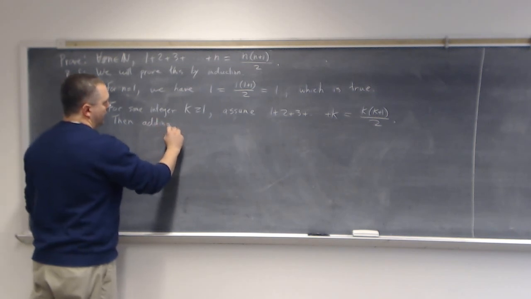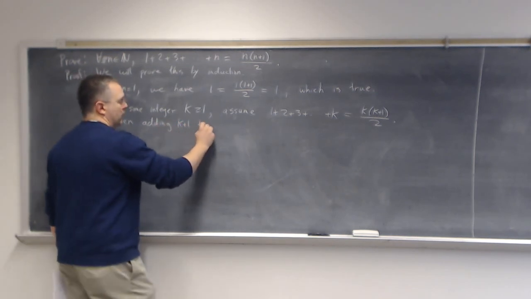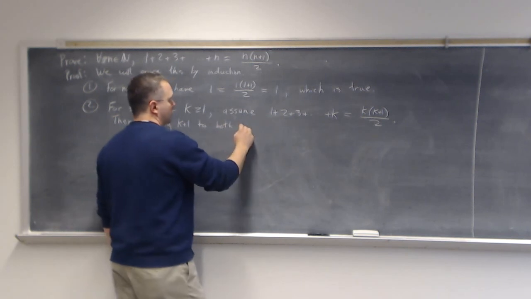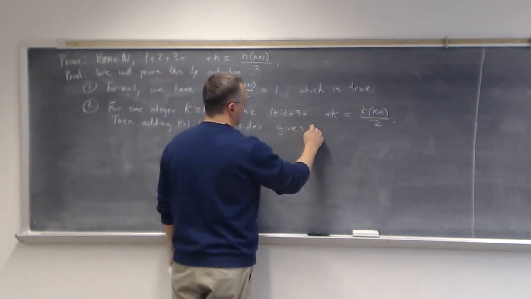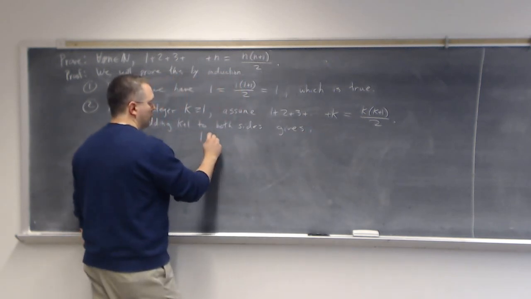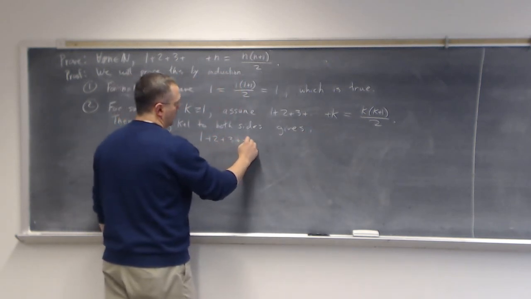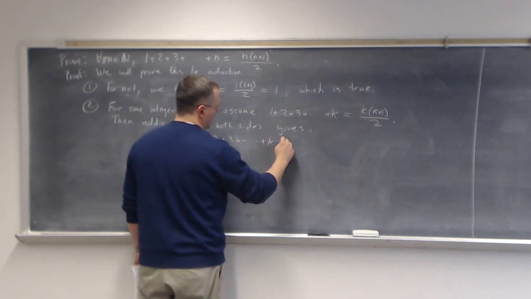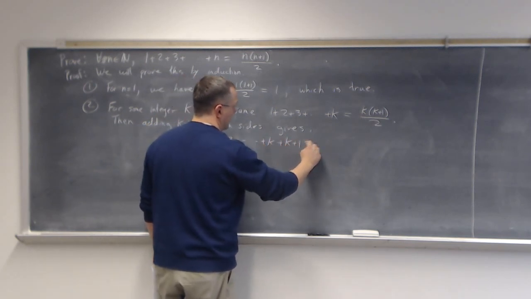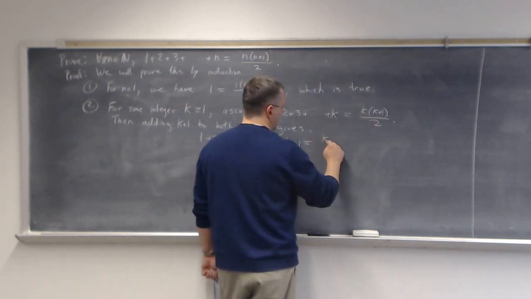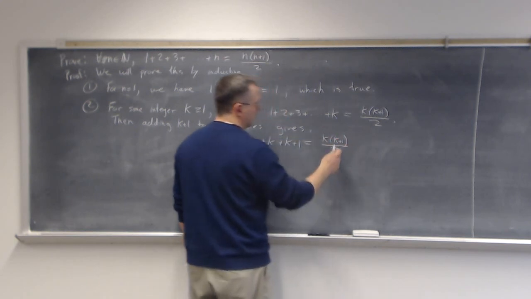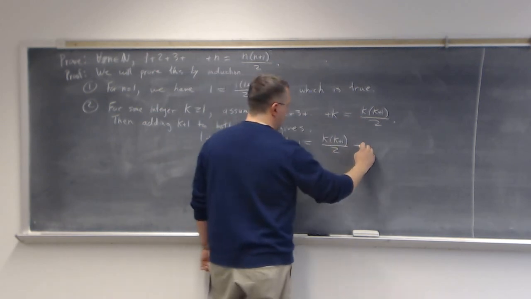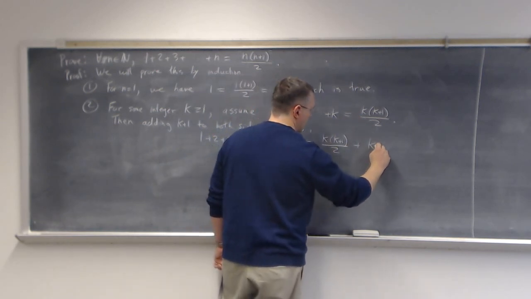Then adding k plus 1 to both sides gives the equation 1 plus 2 plus 3 all the way up to k plus 1 equals k times k plus 1 divided by 2, the previous thing on the right hand side, but now I'm adding k plus 1.